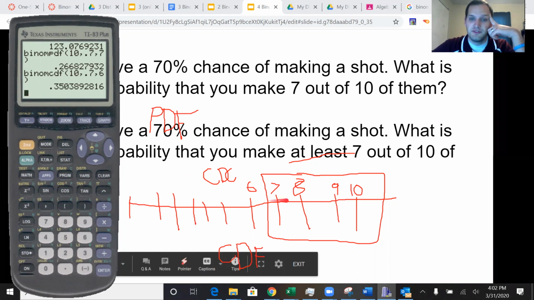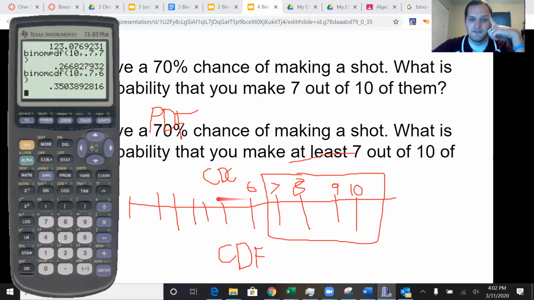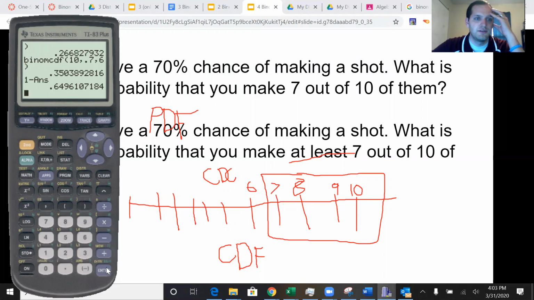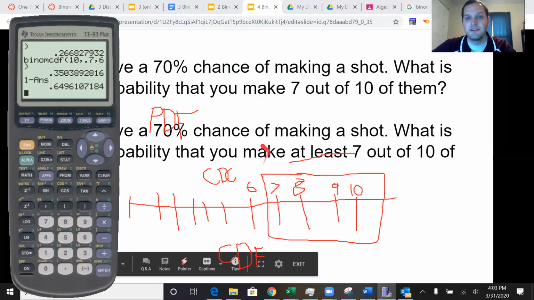So if I want to know 7 to 10, if 0 to 6 is 35%, then the rest must be about 65%. Let's look. 1 minus that answer, 65%, okay? So this is a 65% chance.